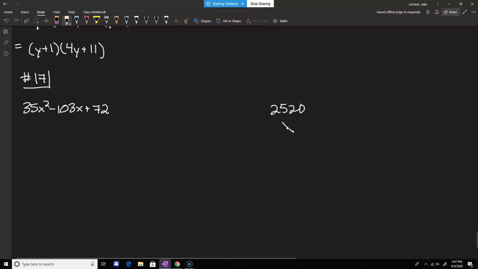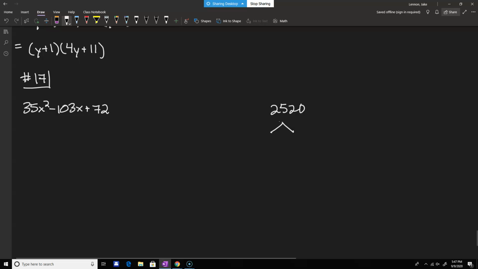At least that's divisible by 10, right? That makes it kind of easy to find some numbers that factor into it. Now it's a positive number, so that means the two factors that multiply to it both need to be negative.